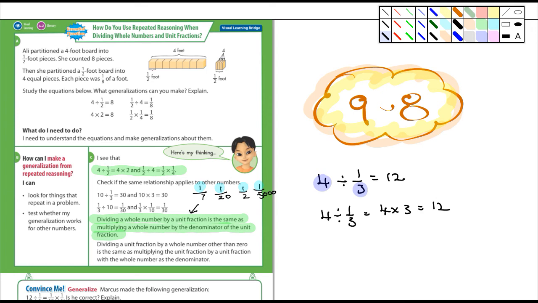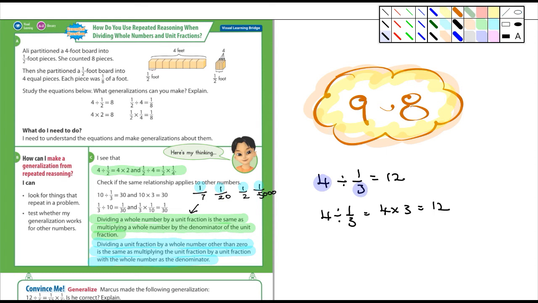So let's look at the next one down. It says dividing a unit fraction by a whole number. So now we're talking about dividing a unit fraction by a whole number, which is the same as multiplying that unit fraction by a unit fraction with the whole number as the denominator. So let's turn this around here.